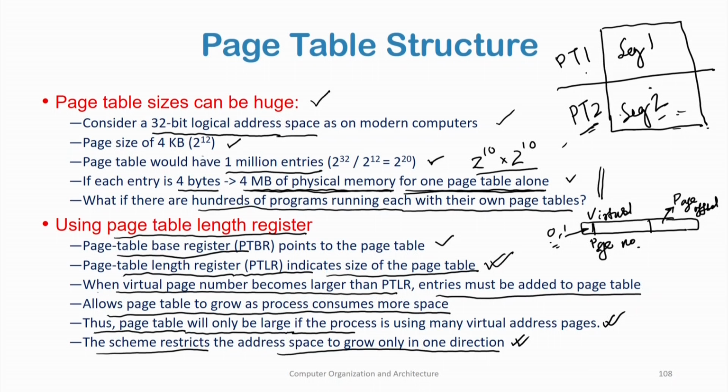Whether I use page table 1 or page table 2 is given by this most significant bit. Each page table will have a separate length register, so each of these page tables can grow separately. So, the restriction that the page table can grow only in one direction is solved by having two page tables for the process, corresponding to its two segments.